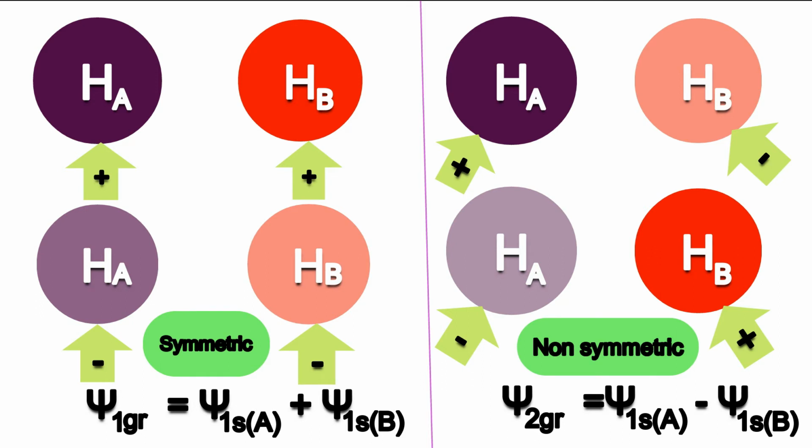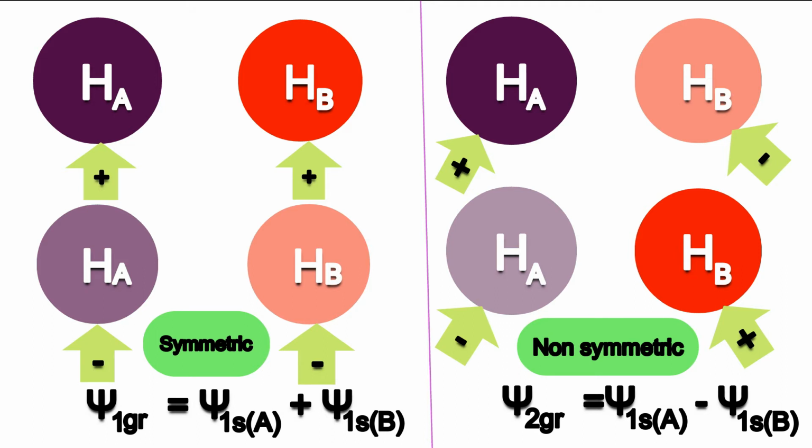So psi1 group is called symmetric and psi2 group is called non-symmetric, with reference to the horizontal plane or center of inversion. Those are the possible operations for the D infinity h point group. So in conclusion, two kinds of possibilities are there to group peripheral hydrogen atoms' wave functions.